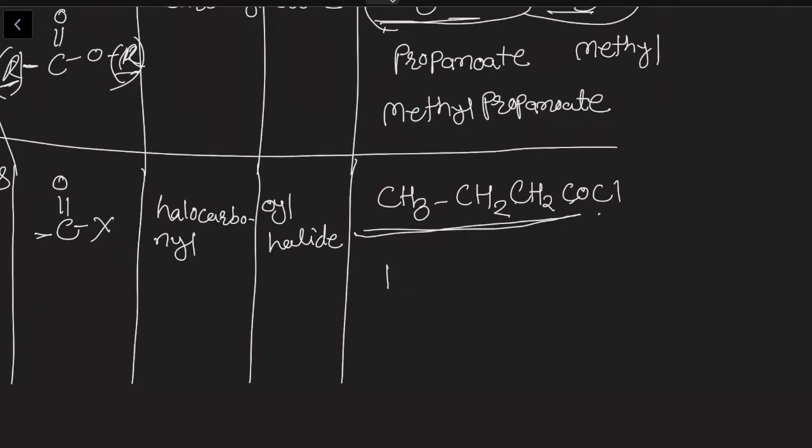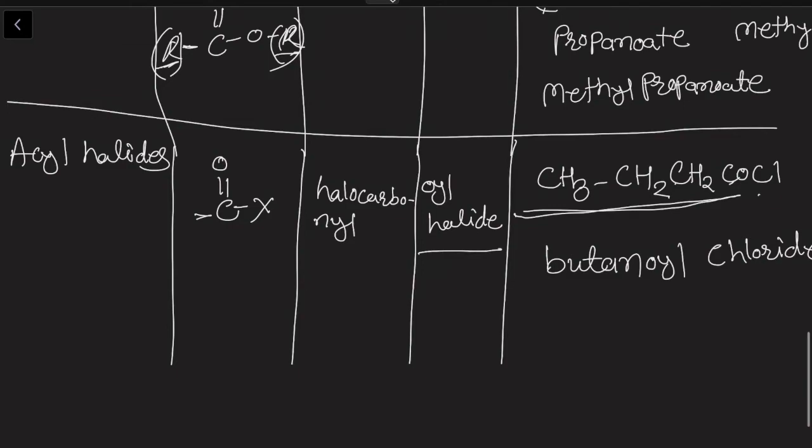So 1 2 3 4, so it's but-, and it's butane because it is a simple chain, butanoyl, and then chloride. So this compound is called butanoyl chloride, and we're using the suffix in this one.